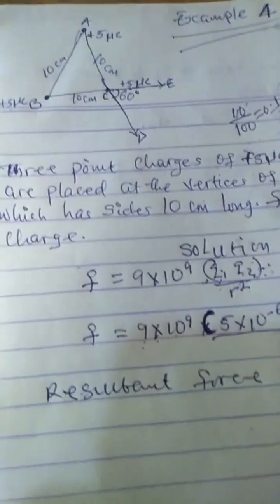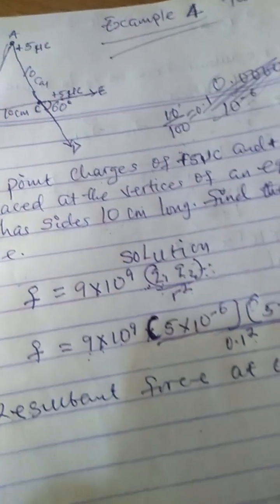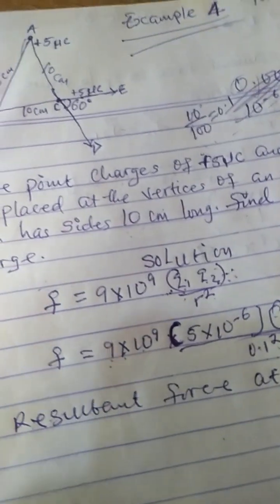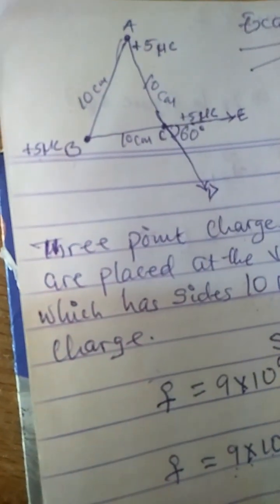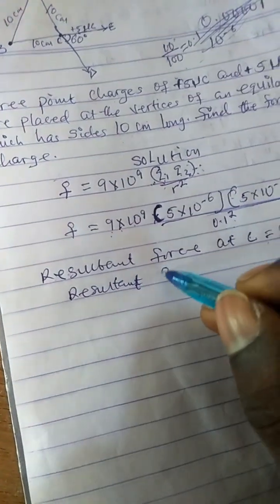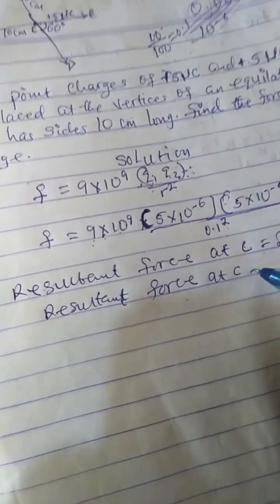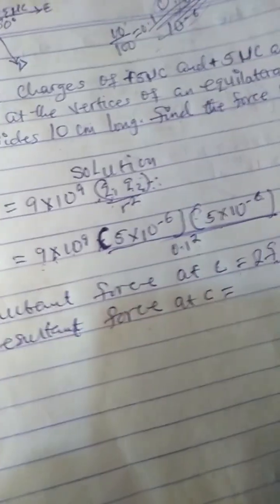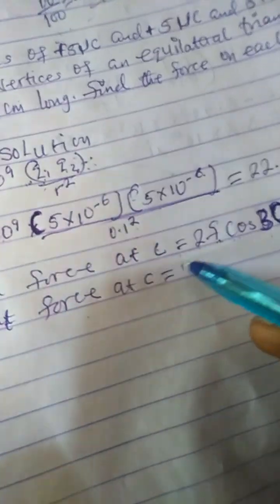All right. So if you punch this very expression on your calculator, what are you going to have? You're going to have a resultant force at C will be equal to what? Then 2F cos 30 will be 2.